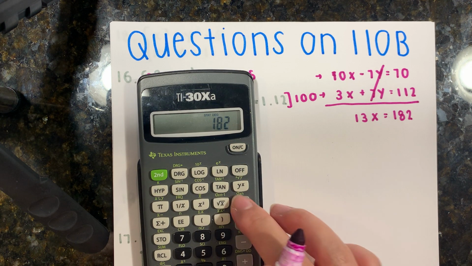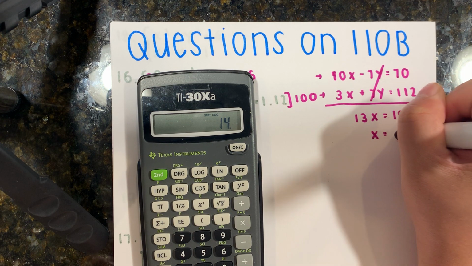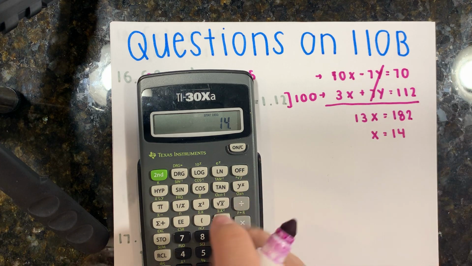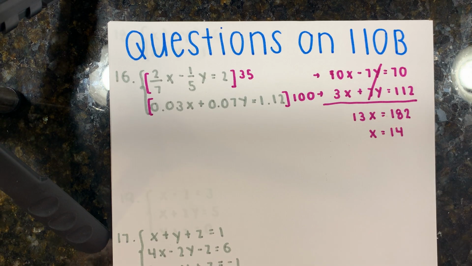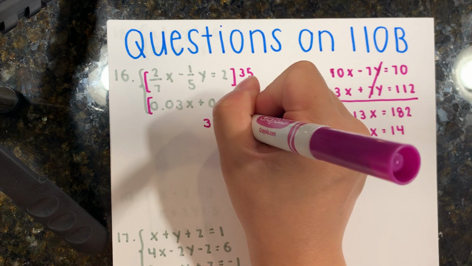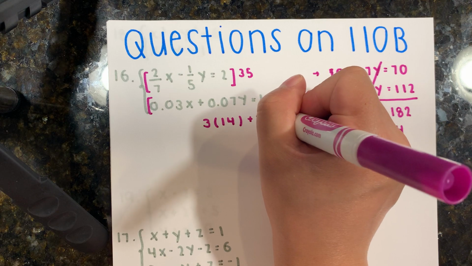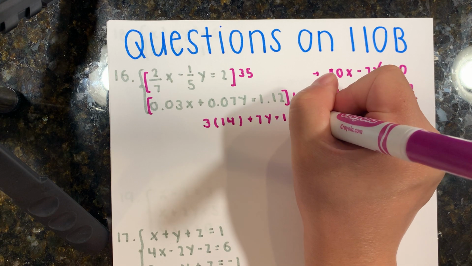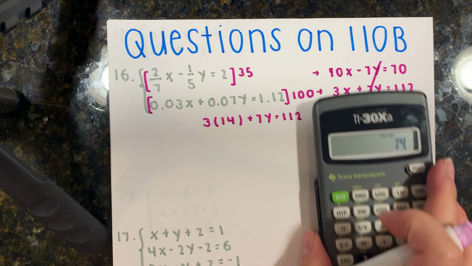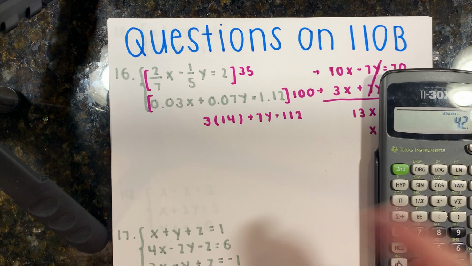So 182 divided by 13 gives us 14. So x is equal to 14. Now I have to plug that in, and I'm going to plug it into the bottom equation. So that would be 3 times 14 plus 7y is equal to 112. And 3 times 14 gives us 42.